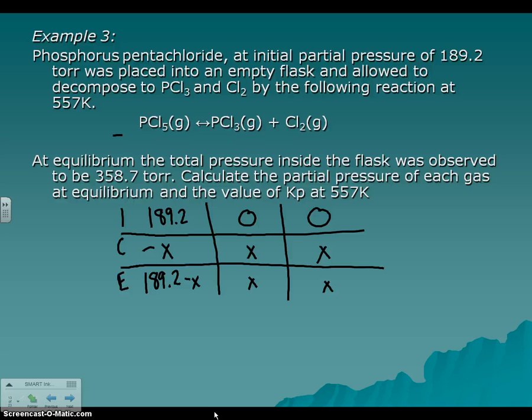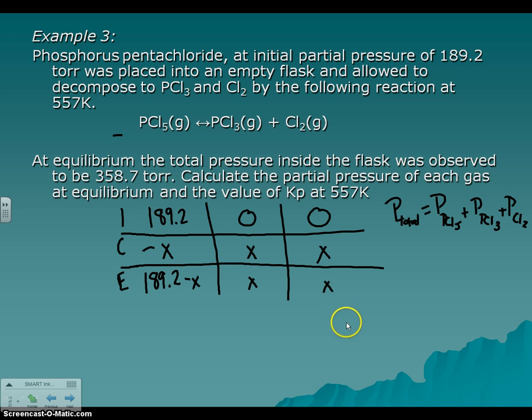Before I get to my Kp expression, remember the idea of partial pressure: if we know the pressure of one of the components, we know the pressures of the other components. So we're going to have to solve for X first. My total pressure of everything is the pressure of the PCl5 plus the pressure of the PCl3 plus the pressure of the Cl2.